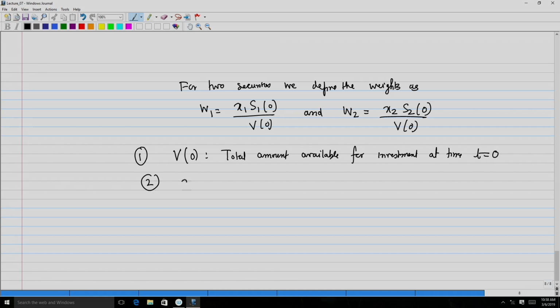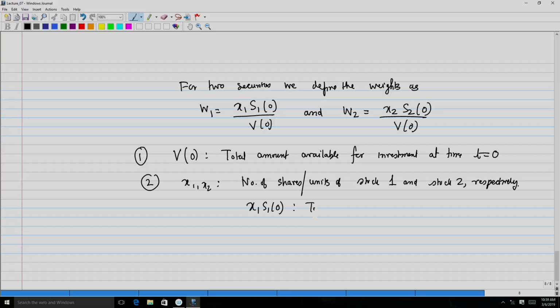Next, x1, x2 are the number of shares or units of stock 1 and stock 2 respectively. That means if you have purchased x1 units of stock 1, and x2 units of the second stock, then the term x1 S1 0 is going to be the total amount of money that you have invested in the first stock.